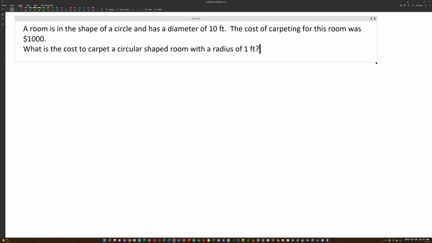And the second one is 1 foot, right? So it would be 2 feet in diameter. Yeah, so can I say, well, this is 1/5 of the first one, so the cost would be 1/5?